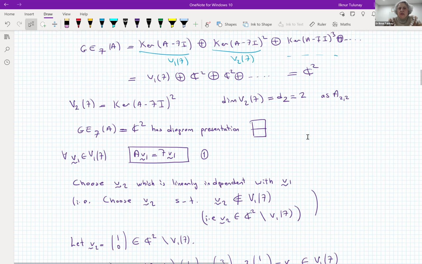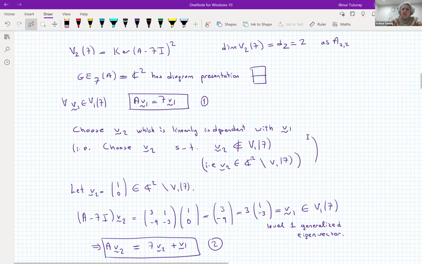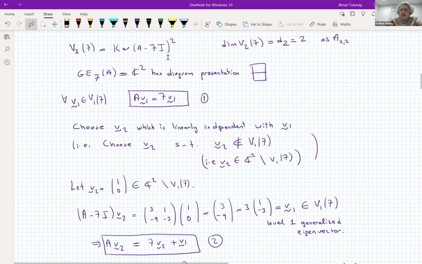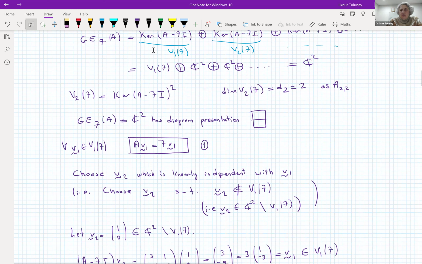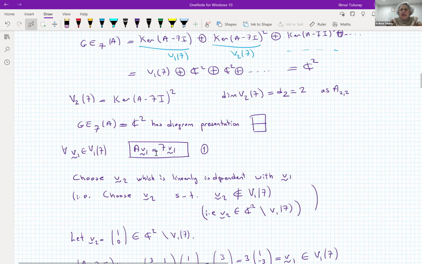Okay. For this one, what we know is that any vector in this vector space satisfies this equation. A vector in this kernel means that (A minus 7I) times v is equal to 0. That is, that vector is an eigenvector of 7.